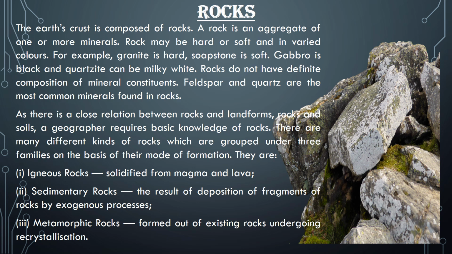Metamorphic rocks, formed out of existing rocks undergoing recrystallization. Do you know what is meant by petrology? Petrology is the science of rocks. A petrologist studies rocks in all their aspects, viz. mineral composition, texture, structure, origin, occurrence, alteration and relationship with other rocks.